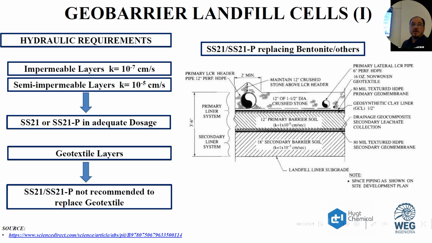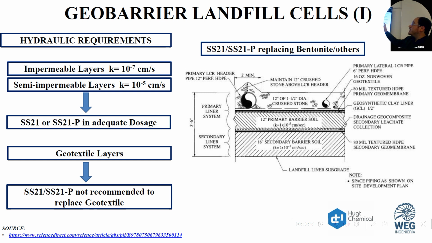There are many conformations and many types of layers that can be used, but basically what we need is to get impermeabilization. This impermeabilization is proved in the tests we saw before. And the geotextile layers are needed anyway, but we can replace the use of bentonite, for example, or other materials that are usually hard to use in this application and require a lot of volume.